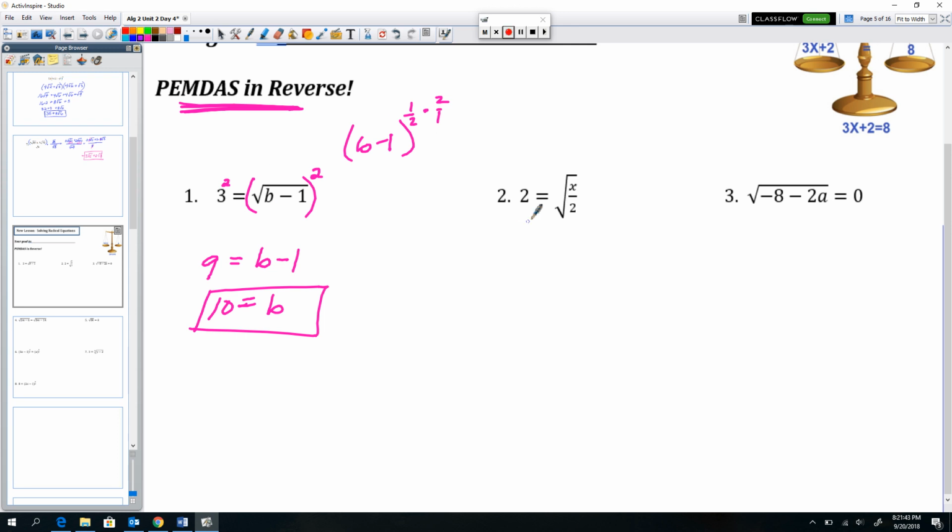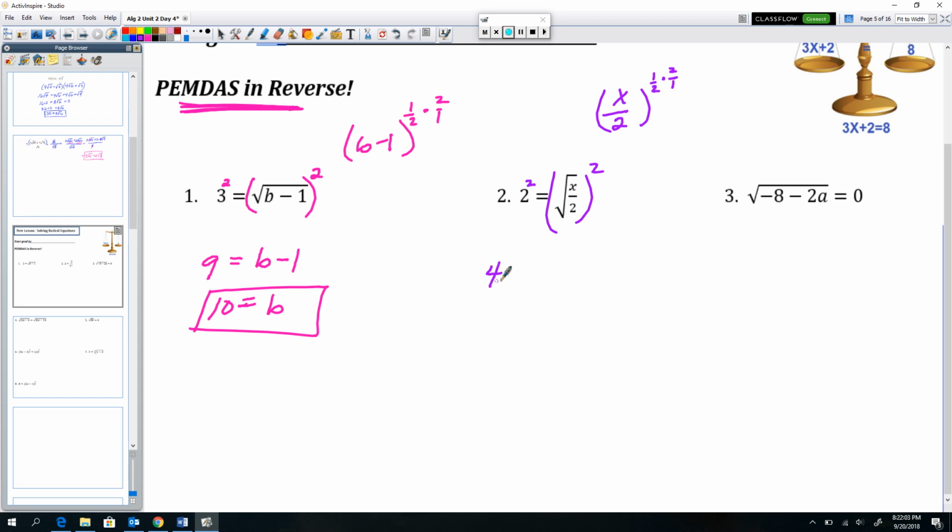Now we can go with this radical here. Obviously, this can also be written as x over 2 to the 1/2 power. Same thing. We're going to take care of this by raising it to the 2 power. And whatever I do to this side, I have to do to the other side.